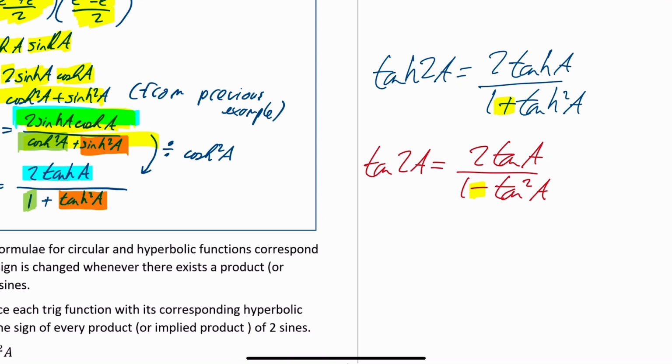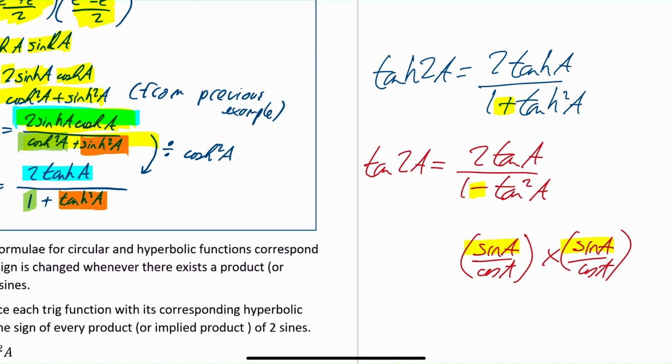But think about what tan is. Tan is the same as sine over cos. So tan squared really is that times that. So there is a product of sines. You have sine times sine. So that's why the minus has to change to a positive.